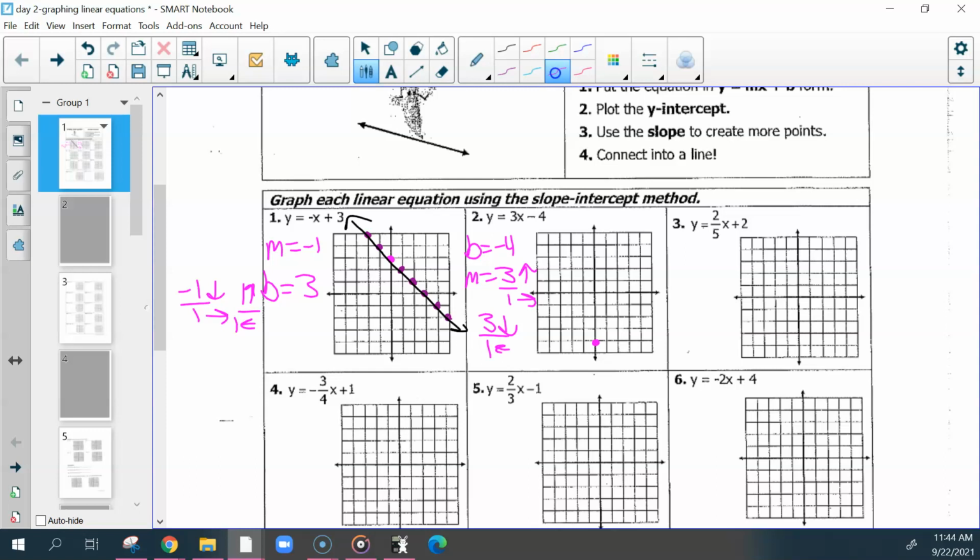On this graph, I can't go down 3, so I'm only going to go up and right as many times as possible. Once I run out of space, connect those up.